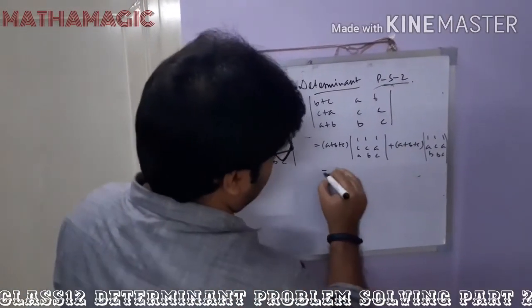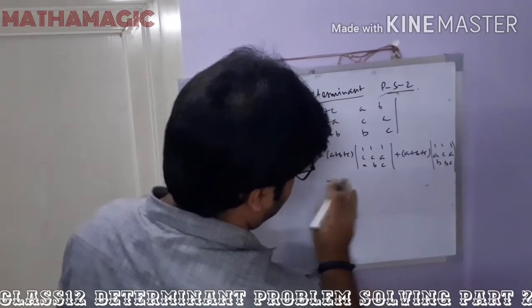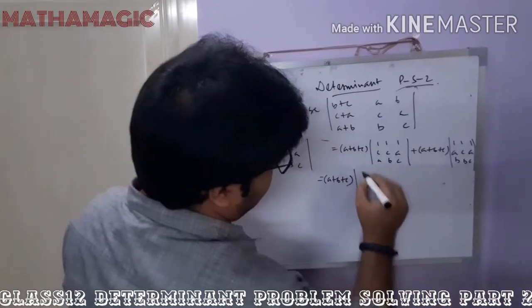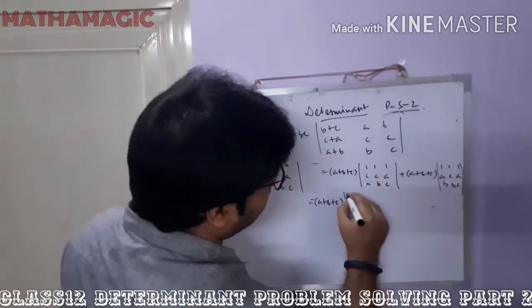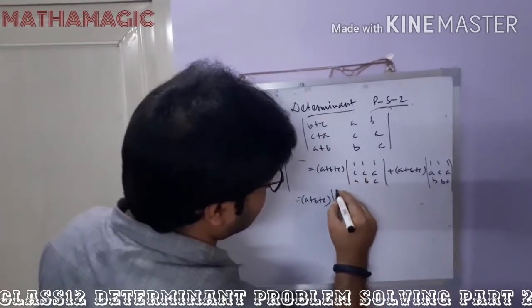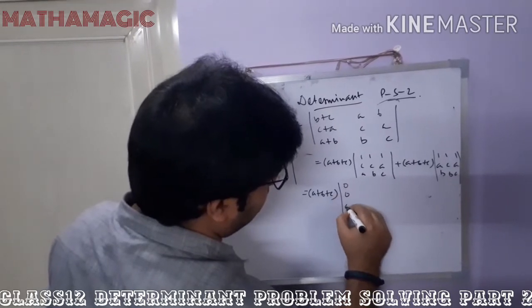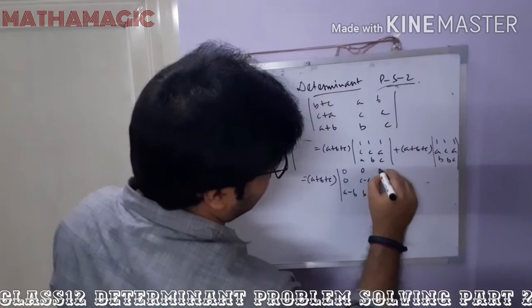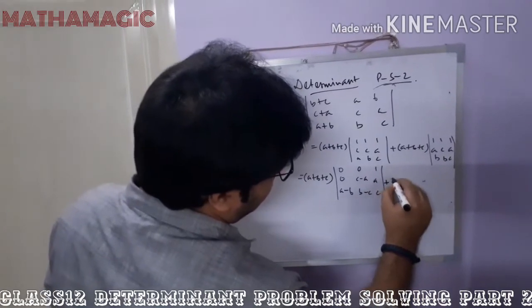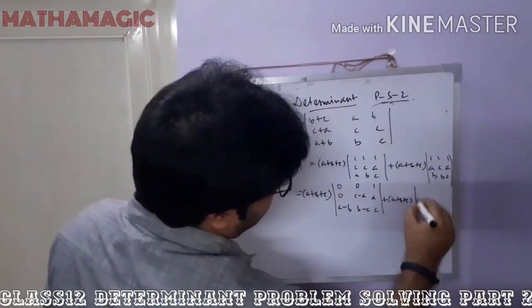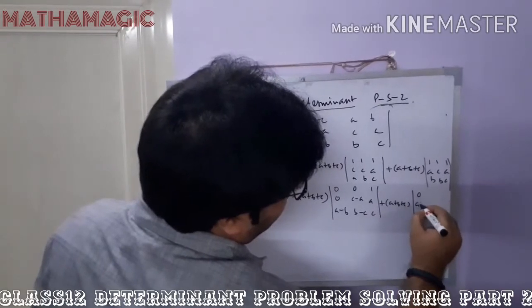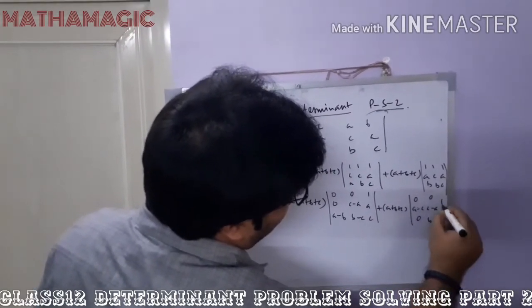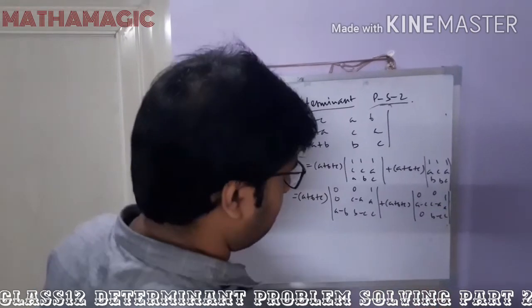So here we are getting that a plus b plus c, and if we perform the column wise subtraction, it will become 0 0 a minus b, 0 c minus a, b minus c, and 1 a c. Here it is becoming a plus b plus c into 0 a minus c, 0 0 c minus a, b minus c, 1 a c, right?